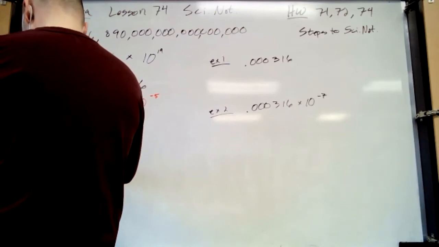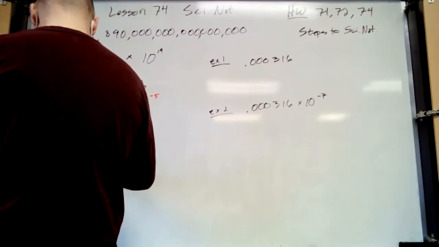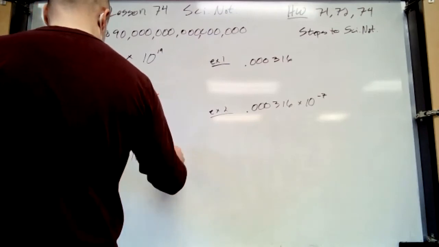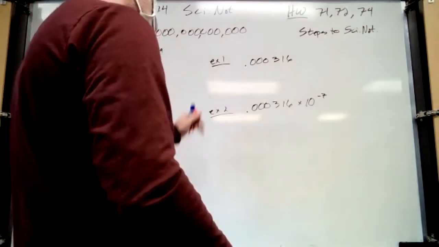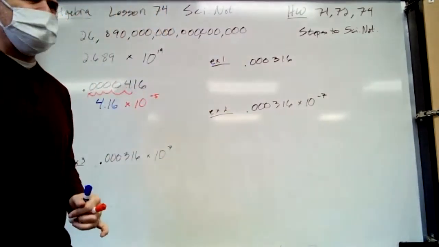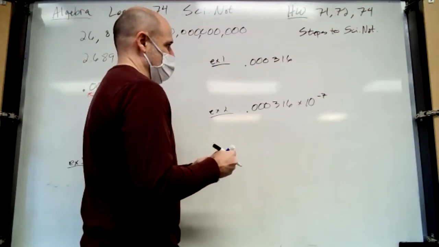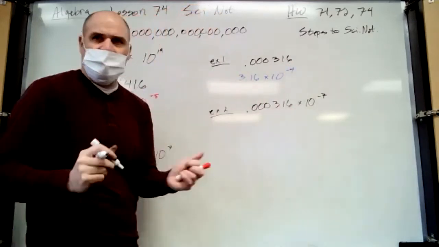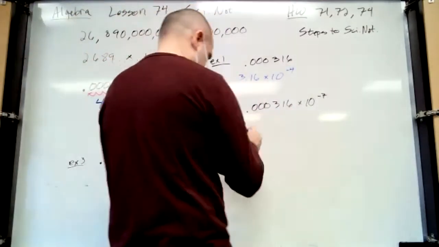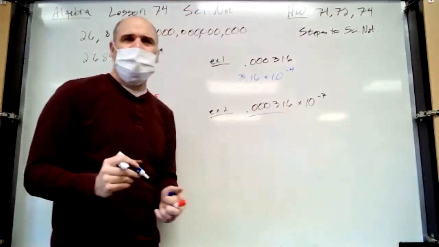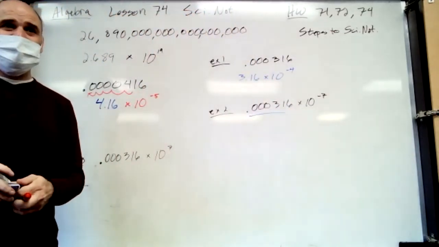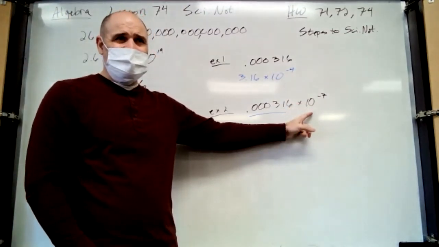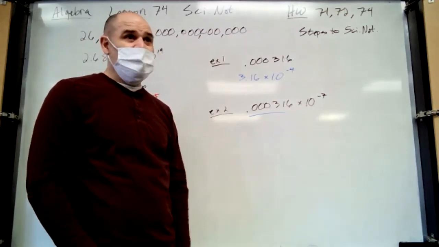So here's example 3. Okay, let's do the first 2 together. How do you do this? Somebody got it? Yep, that's it. No problem, right? What about this? Uh-oh, what's the issue here? Yeah, there's already a power of 10.